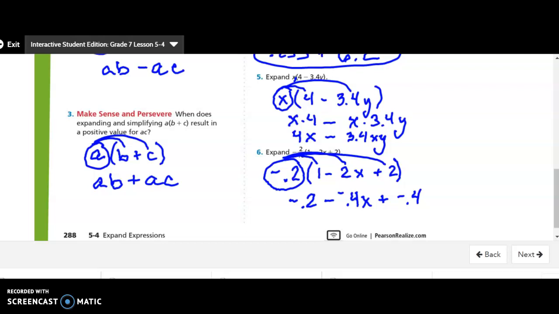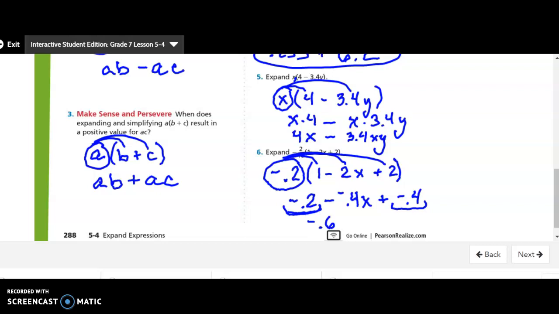Now we're going to do some more simplifying. Here I have a negative 0.2 and a negative 0.4. Those are both just numbers, which means I can use our skill from yesterday to combine them. Negative 0.2 plus negative 0.4, if we put that in our calculator, we get negative 0.6.